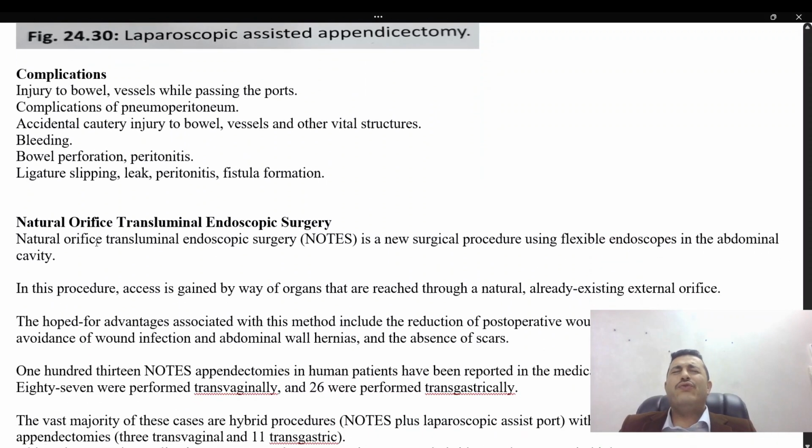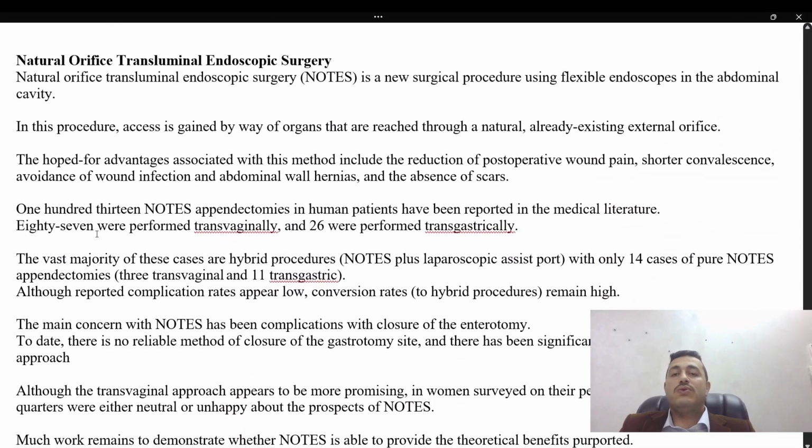Okay, one of the theoretical approaches, which I think is not extremely clinically significant, is what we call NOTES, natural orifice transluminal endoscopic surgery. It's a type of surgery where they do not use a skin incision. They enter the abdomen through the natural orifices. What are the natural orifices?